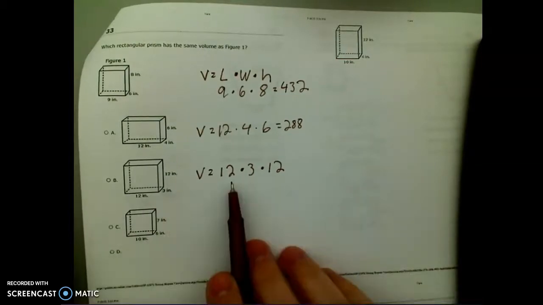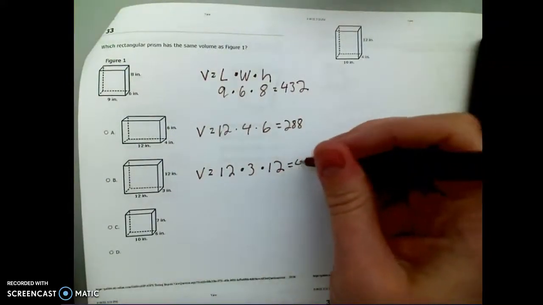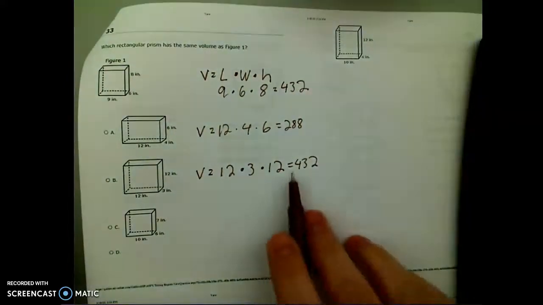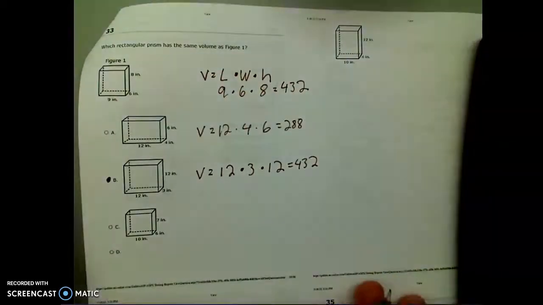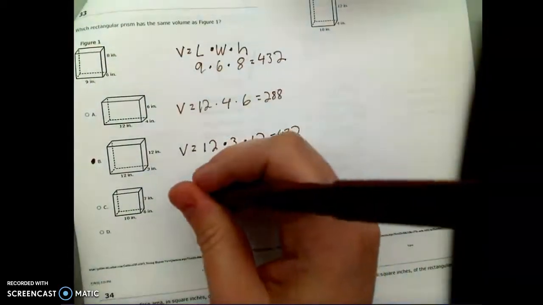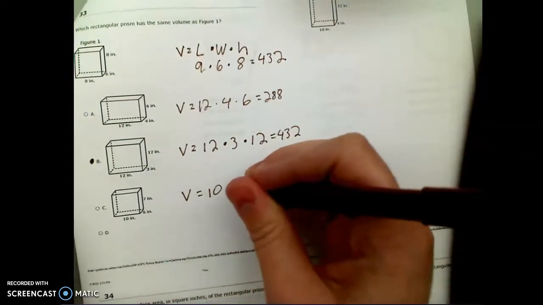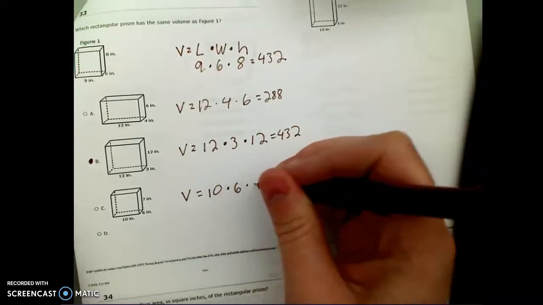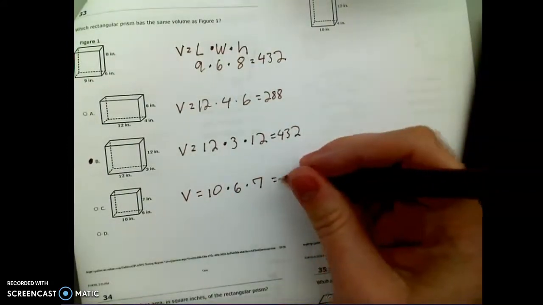So for B, 12 times 3 times 12 gave me 432. Woohoo! That's the same. So I know it's going to be B. Now, let's check the other ones. C is 10 times 6 times 7, which is 420.